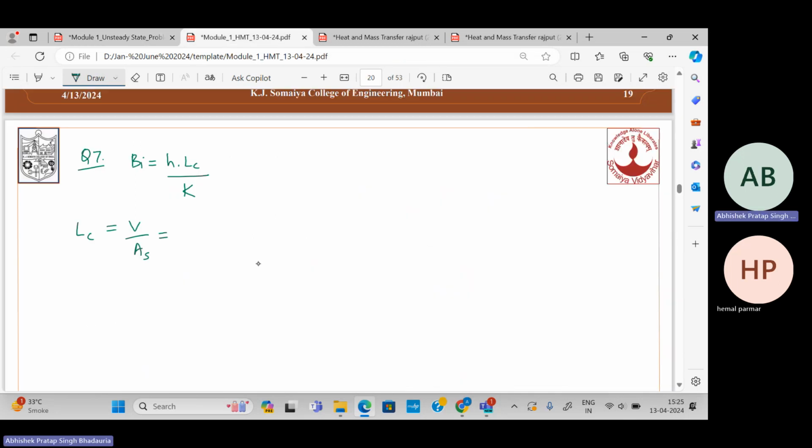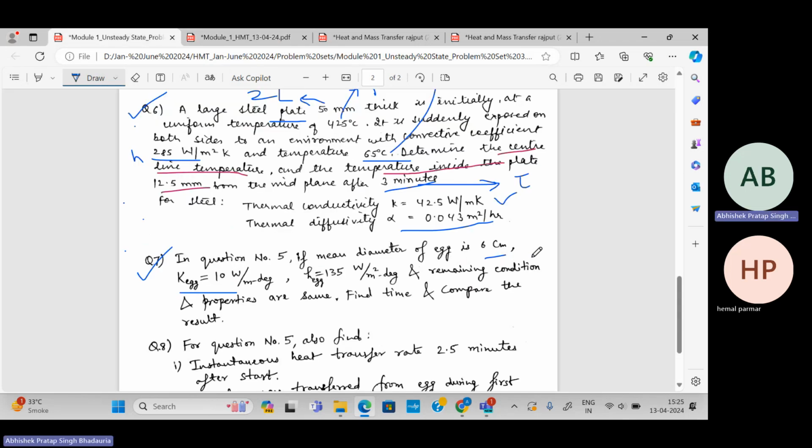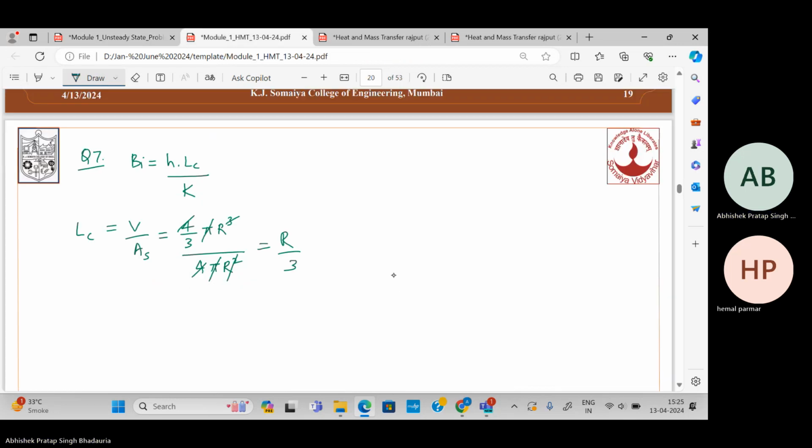For this, volume is 4 by 3 pi r cube divided by the surface area of the sphere, 4 pi r square. So 4 cancels, pi cancels, r square cancels, so we get r by 3. Now the diameter is 6 centimeter, so the radius is 3 centimeter, that means 0.03 meters, divided by 3, it is equal to 0.01.